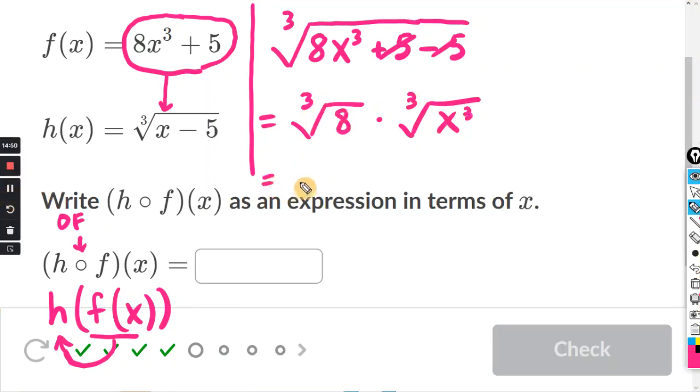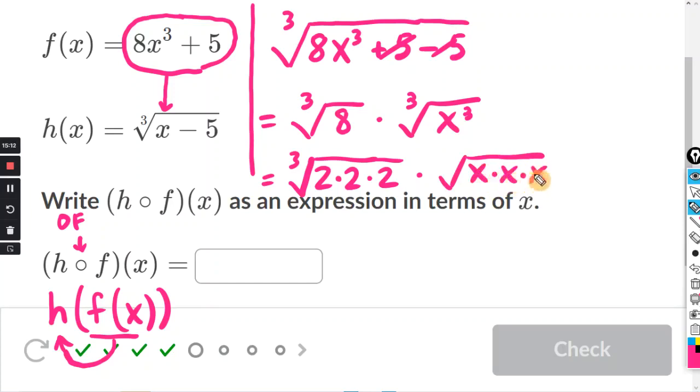Well, that's just a 2. I can replace 8 with 2 times 2 times 2, and we have the cube root of that. We're also asking what multiplied 3 times will give us x to the third. I can replace x to the third with x times x times x.